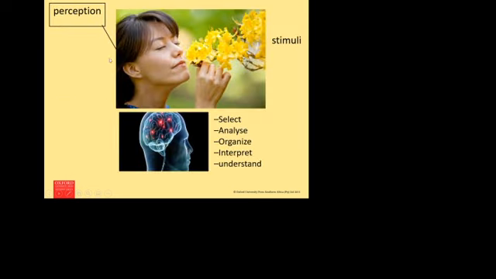See here, perception happens in the brain, in our heads. Stimuli happen outside and are connected to us through the senses. Our senses receive the information from outside, and then our brain selects, analyzes, organizes, and interprets to understand what happened. This process is called perception.